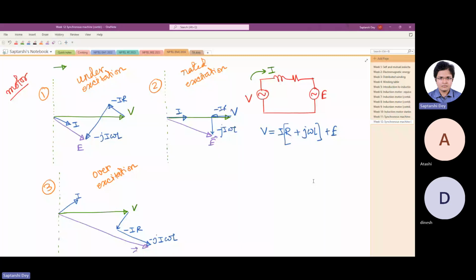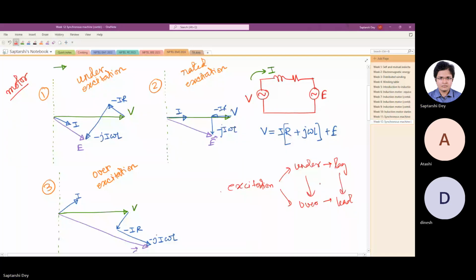We saw that as the excitation moves from underexcited to overexcited, the power factor moves from lagging to leading, whereas for the rated excitation we have unity power factor.